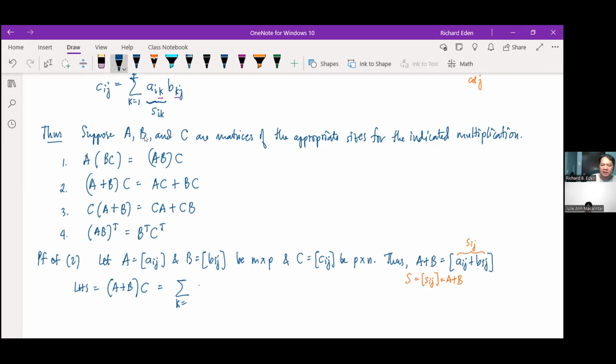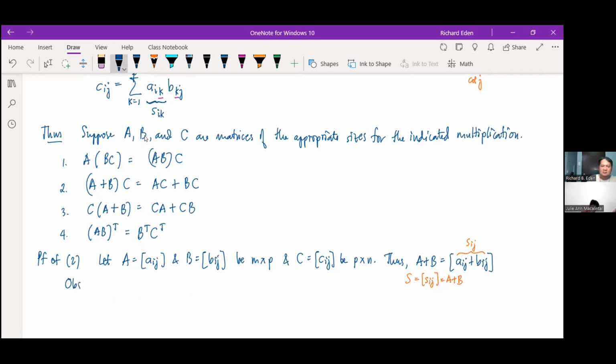So we have S sub, oh, hold on. Left hand side, A plus B. Sorry, let me decide to do it this way. Okay. For number 2, sorry, let me do this again.